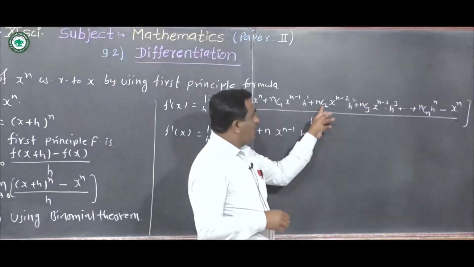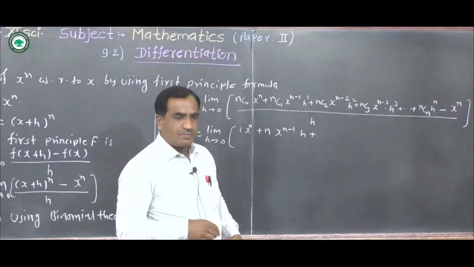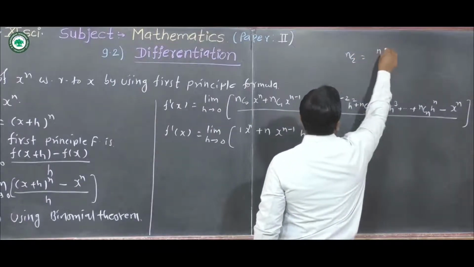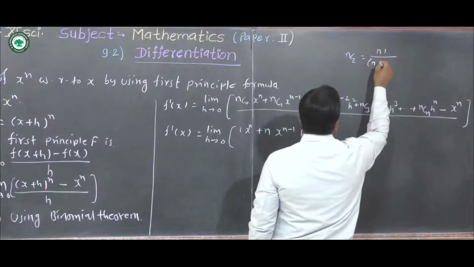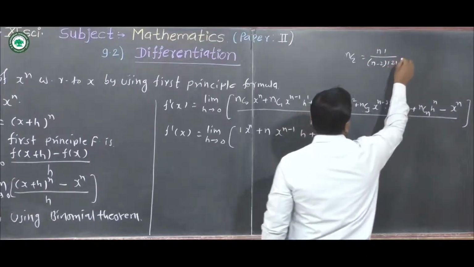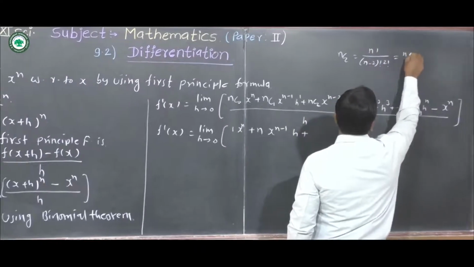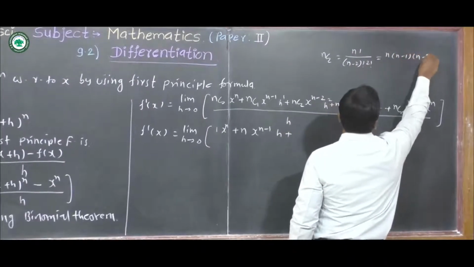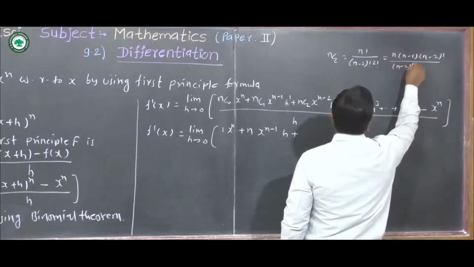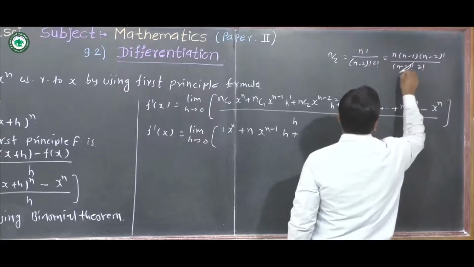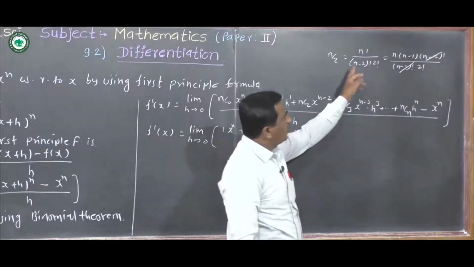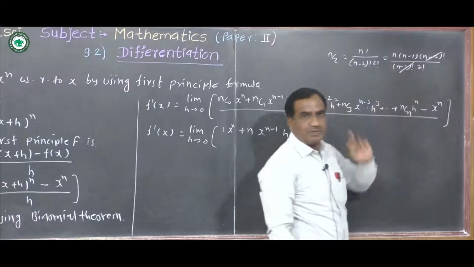nC2. We can write the value of nC2 by using the formula for combination. We can write nC2 equal to n factorial upon (n minus 2) factorial into 2 factorial. We can write n factorial as n into (n minus 1) into (n minus 2) factorial upon (n minus 2) factorial into 2 factorial. This (n minus 2) factorial cancels out. Then we get the value of nC2 as n into (n minus 1) upon 2 factorial.